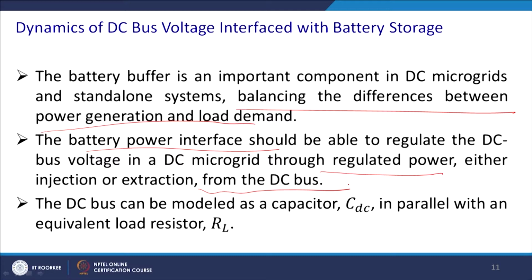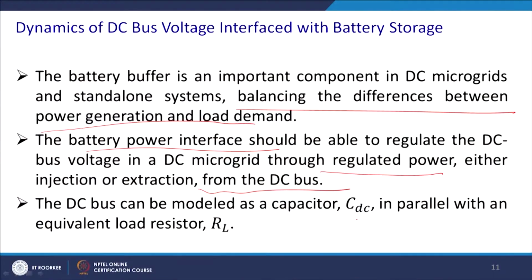So, once you have a mismatch, the extra power should come from the battery. Once you have a surplus, that power should go back to the battery, over a period of time, and also in the double frequency case.